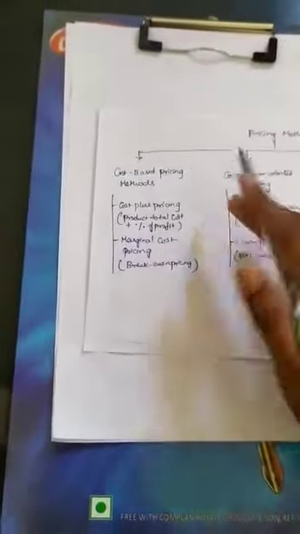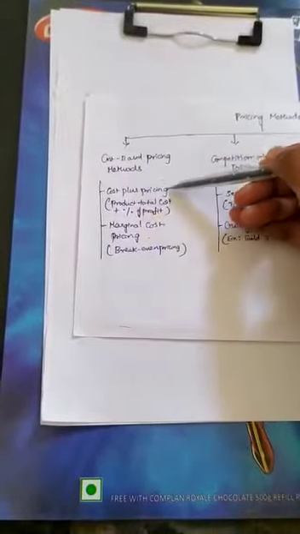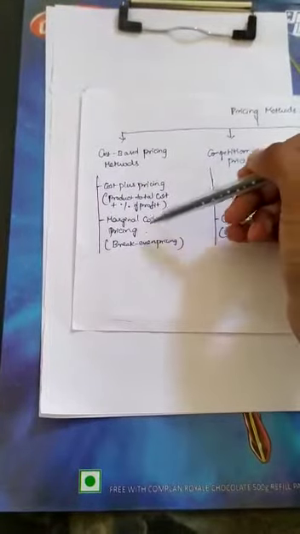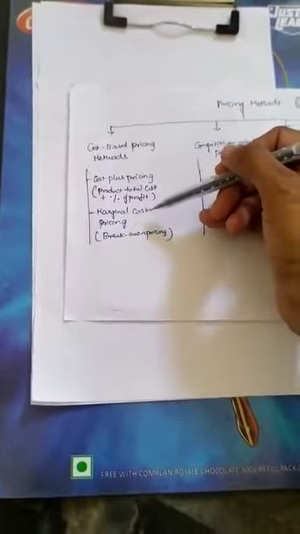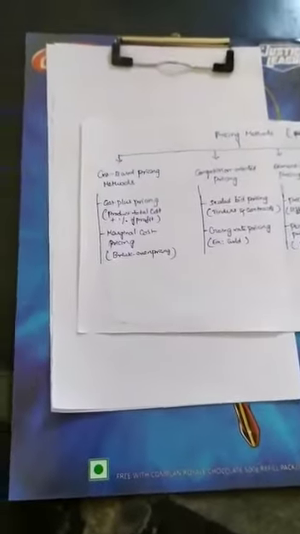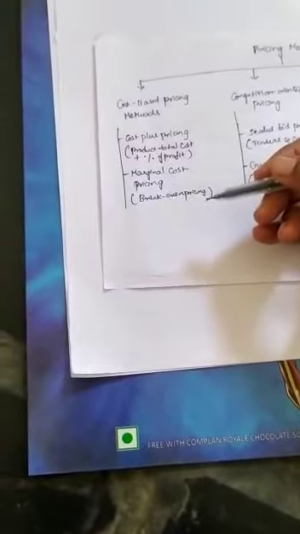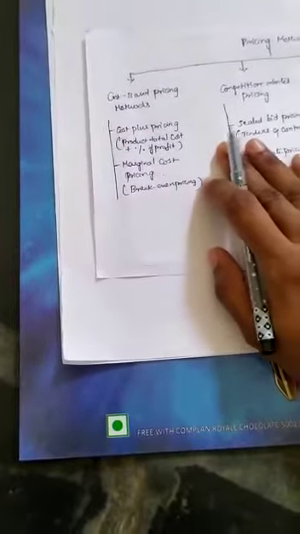Here it is classified into types: cost plus pricing, product total cost plus profit, marginal cost pricing, and break even pricing. For example, in cost based pricing, a retailer buys goods for 90 rupees and sells them for 100 rupees to a customer. This is called cost based pricing.